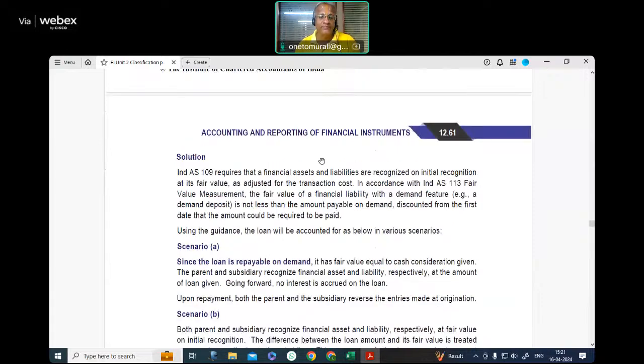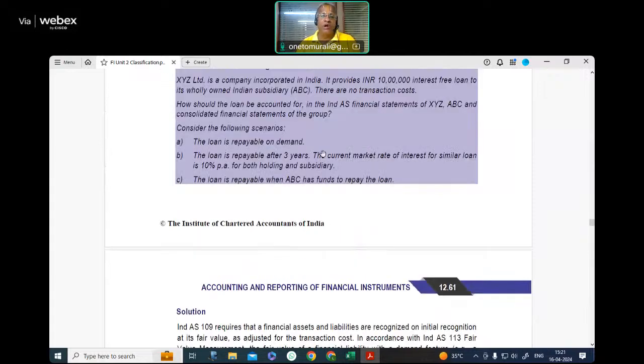So what do you mean by that? When it is repayable on demand, it cannot be taken as the payment is made for a particular term. So to classify a matter under amortized cost, the first and foremost test that you have in business model is hold till maturity.